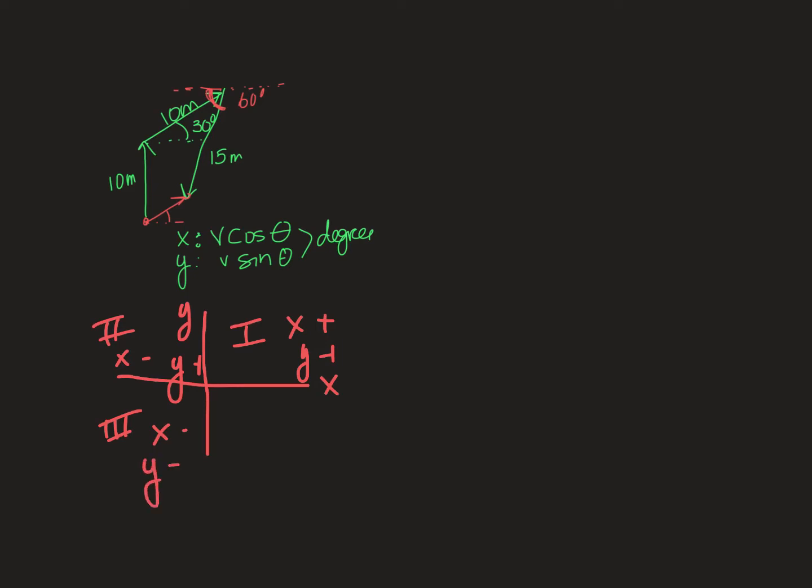Everybody's negative there. And in the fourth quadrant, you're in the positive x and you're down, so you're in the negative y. You can always use this, but you do not have to. You have the power to say which direction is the positive direction and which direction is the negative direction. Because remember, positive, negative in physics, important idea, just tells us direction.